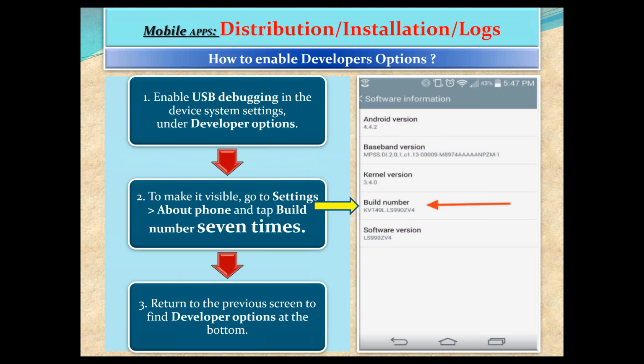In case you didn't know, the reasons to enable developer options: Android has an awesome hidden settings menu called developer options that contains a lot of advanced and unique features.